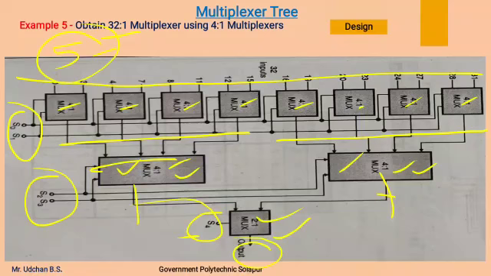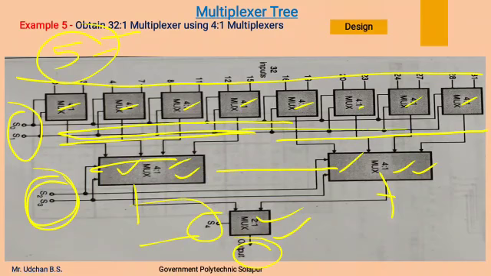Now here the S4 select line is going to select any one of these 2 multiplexers, and the S2 and S3 lines will select any one of the outputs of these 8 4:1 multiplexers. This is how we can design a 32:1 multiplexer using 4:1 multiplexers.